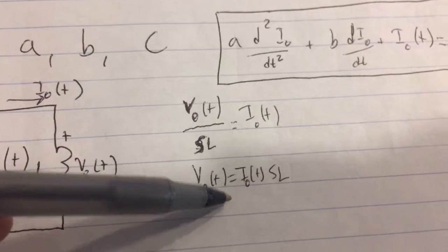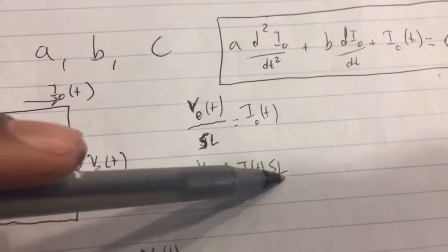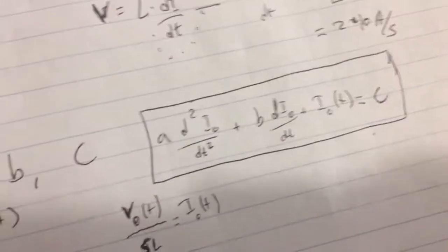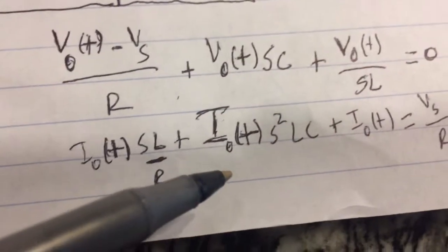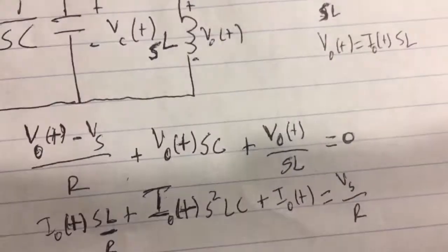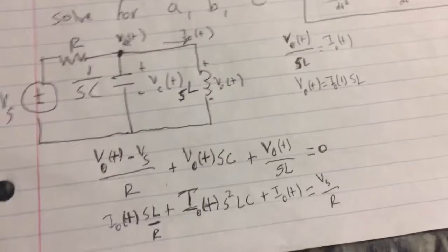Everywhere you put a V_o, just plug this in, and we end up with an equation that involves I. So you do all that, and this is what you end up with. You plug in I_o sL, you get I_o sL over R plus I_o s squared LC, and you get Vs over R.